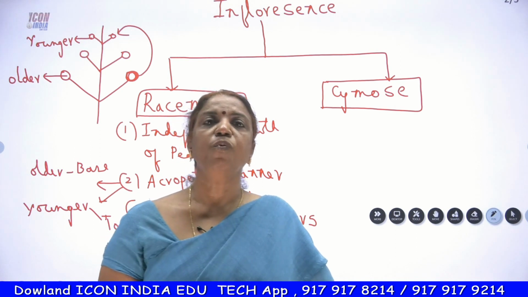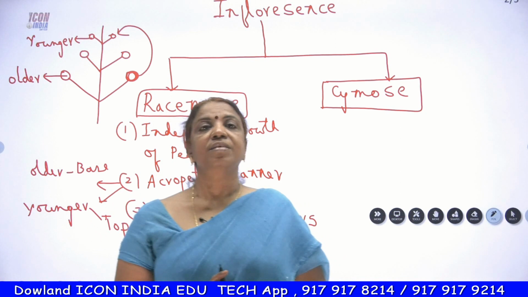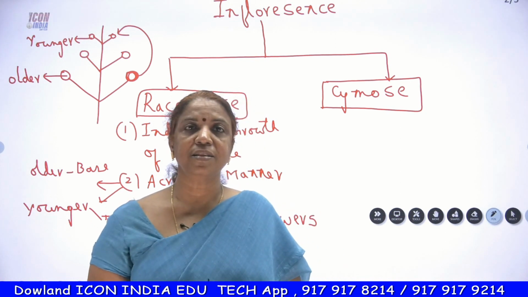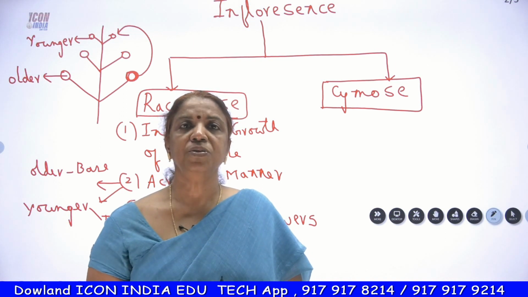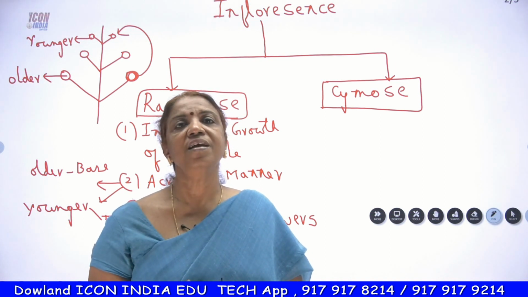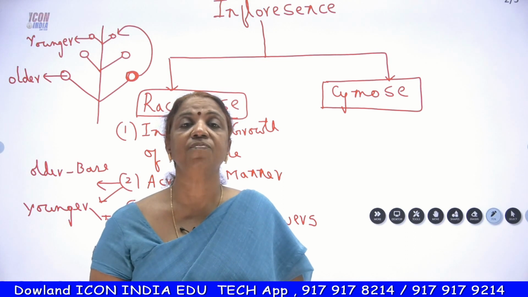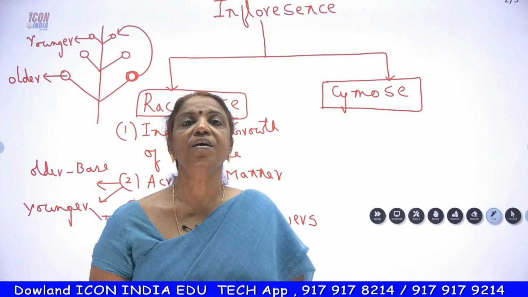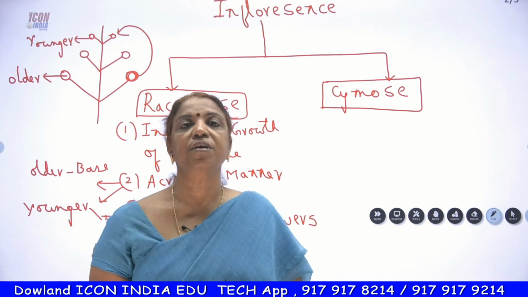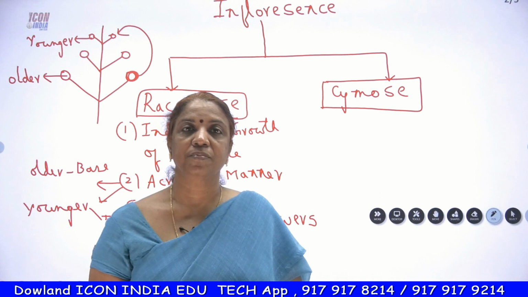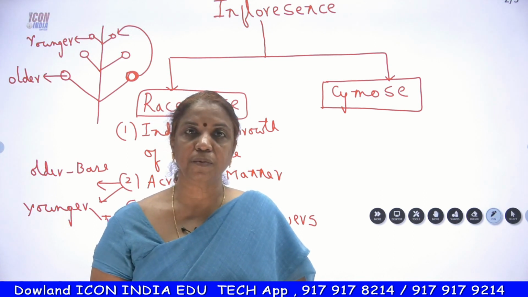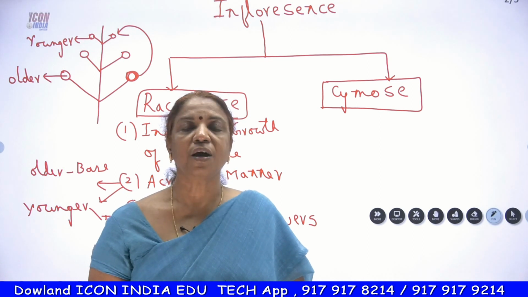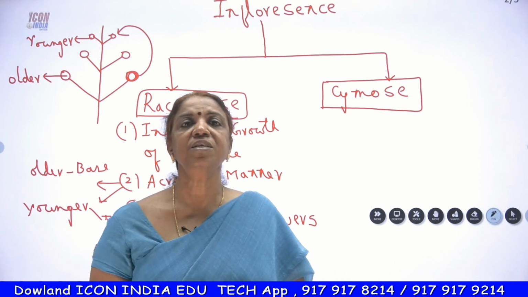Okay. Let us see the cymose characters. In the case of cymose, the growth of the peduncle is stopped. Sometimes the branch ends with a flower. So that is a cymose inflorescence. Here the peduncle is modified: it develops into a flower, a tendril, or a thorn. So the growth is definite, it can stop.